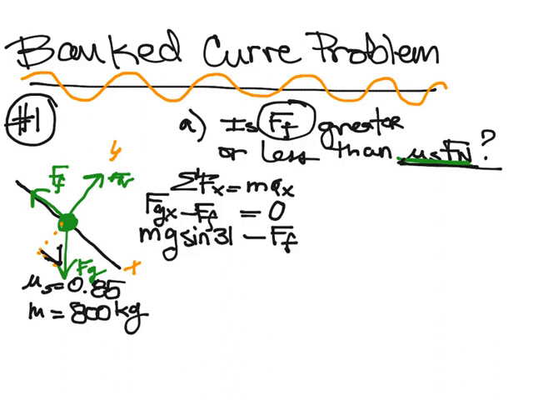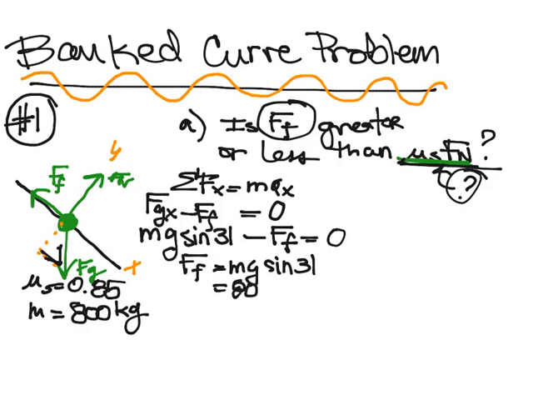We don't know that it's mu s Fn. So we have mg sine theta minus Ff equals 0, and Ff is equal to mg sine 31. Now, if we have 800 for m and 10 for g, sine of 31 is about 0.87, and so you end up with a number that is about 4,042 newtons.